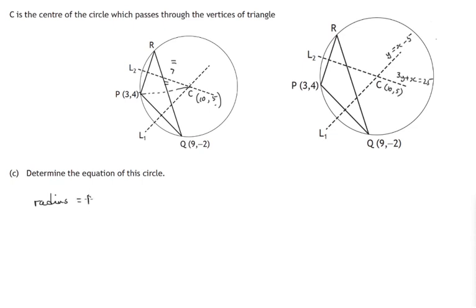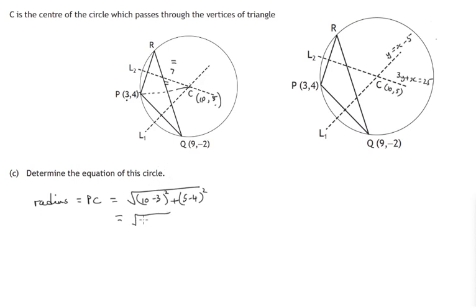The radius is PC, and using the distance formula, x difference squared, 10 minus 3 squared, plus the y difference, 5 minus 4 squared. So it's the square root of the x coordinates' difference squared, plus the y coordinates' difference squared.